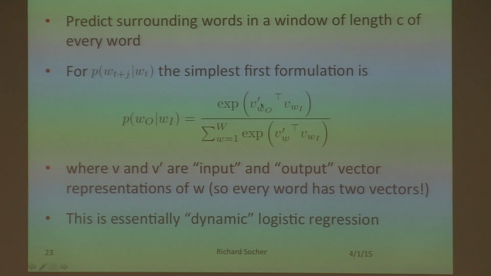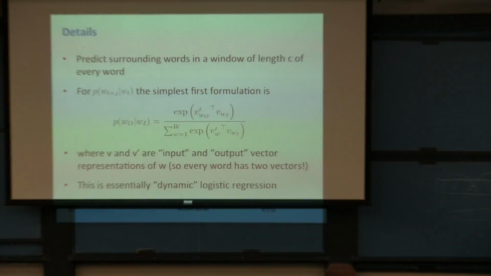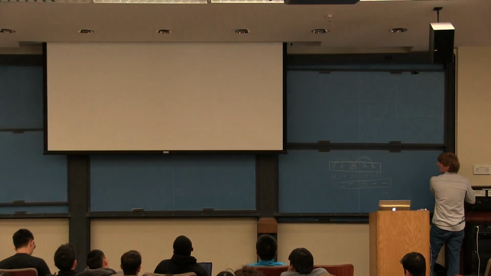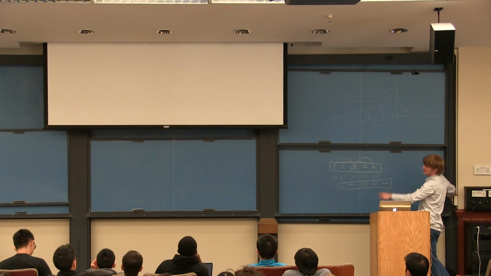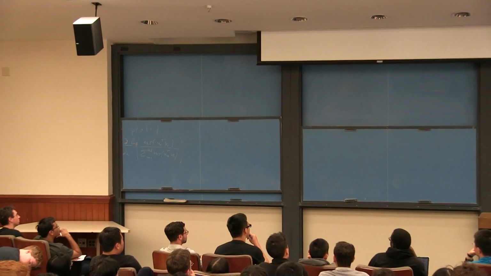The primes are the output vectors, and WO is the identity of that word on the outside, the context word, and the inside word, WI, has a vector V. This notation is kind of messy, so we'll rewrite it a little bit. I wrote that at the top left here, and we will now go through deriving that together.